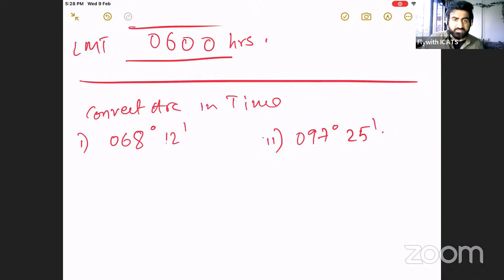Sankalp has given his answer. 68 and 97, Sankalp. How much is the difference between 97 and 68? 097 minus 068 is 29.